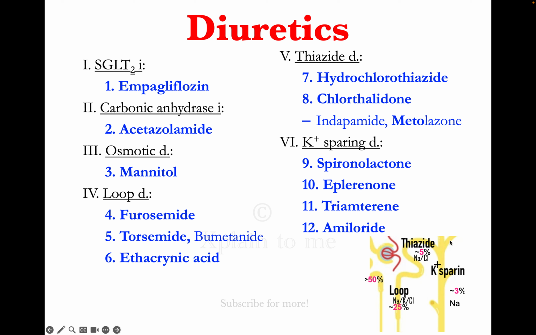Another easy way to remember, for the collecting duct, the potassium sparing diuretics, only the very easy small channel, sodium, we will talk about that, ENaC, that's the name. Epithelial sodium channel blocker.